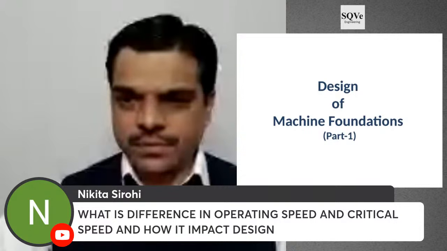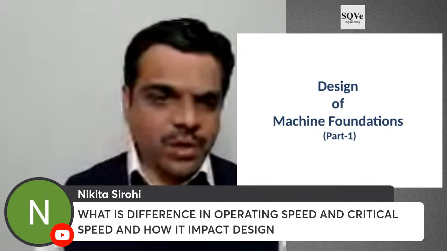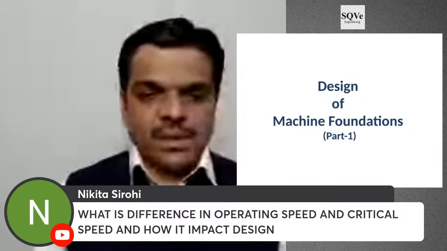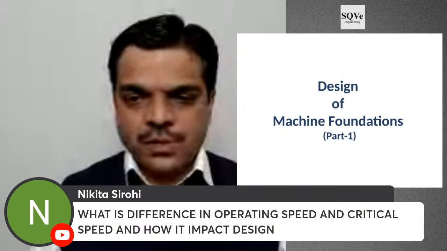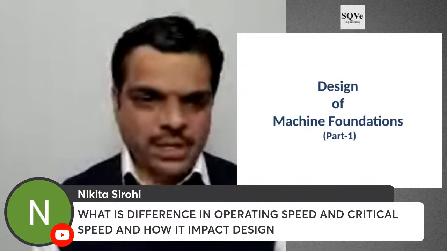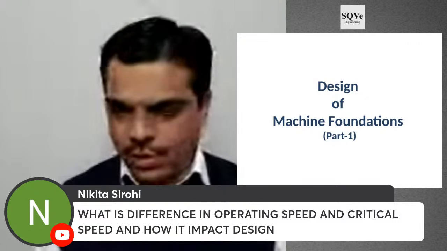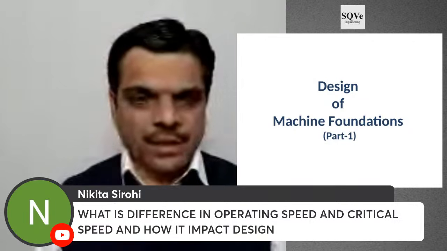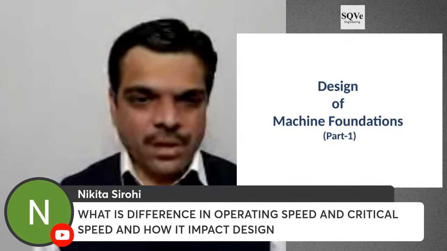Okay, Nikita is asking what is the difference in operating speed and critical speed and how it is impacting the design. So, that's what we touched upon. Whenever we talk about the operating speed, it is the speed, as we all know, at which the machine will operate in all normal conditions.